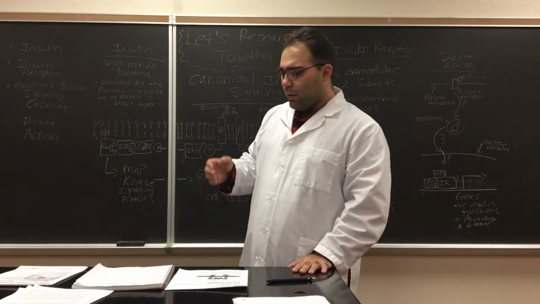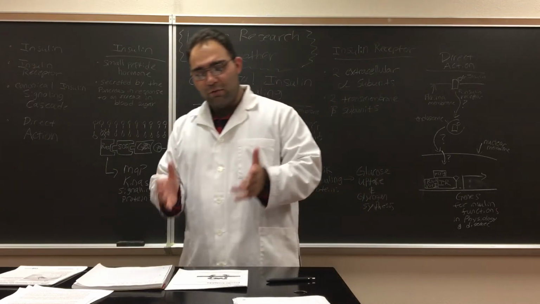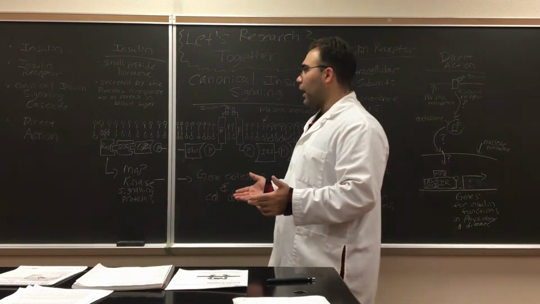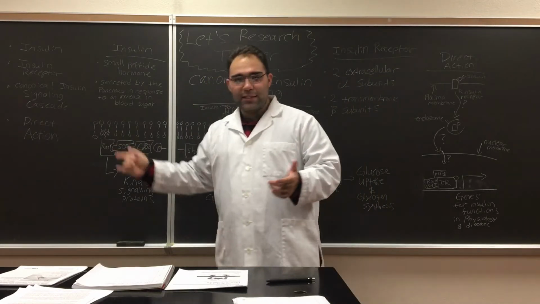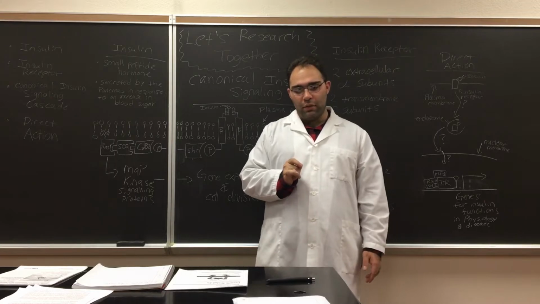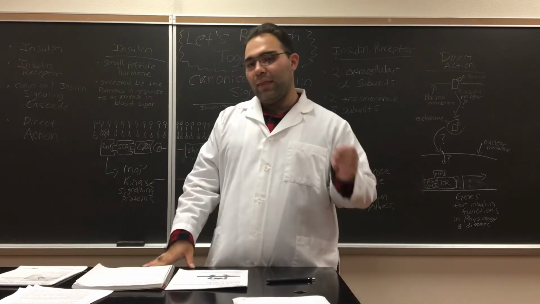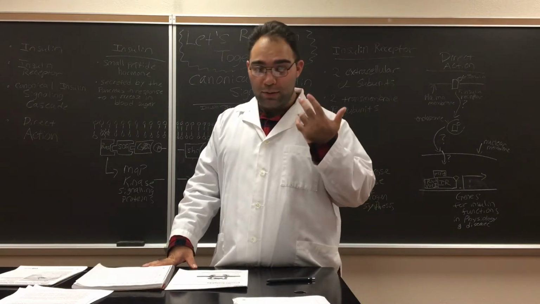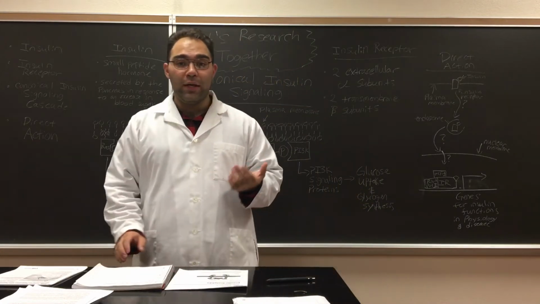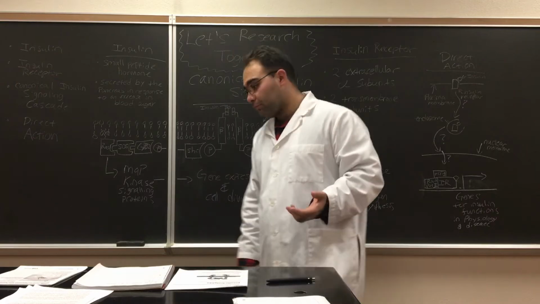So let's lay the foundation for discussing this paper. We have insulin and the insulin receptor. Insulin is a small peptide hormone that is secreted by the beta cells of the islets of Langerhans in the pancreas in response to an increase in blood sugar.